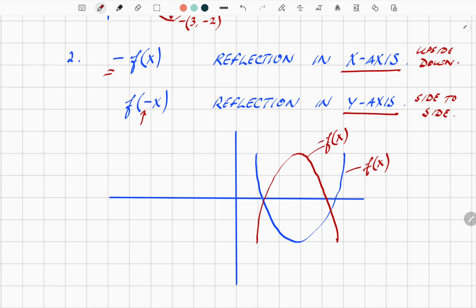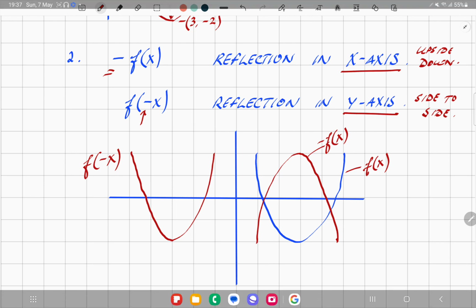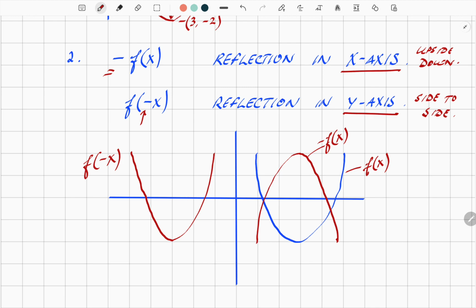And if you're flipping it side to side, then it's going to be exactly the same thing on the other side and the right way up. Something like that. So this one is f of minus x. This one flips it to the other side of the y-axis, and the minus f of x flips it upside down, just about the x-axis, if you like.